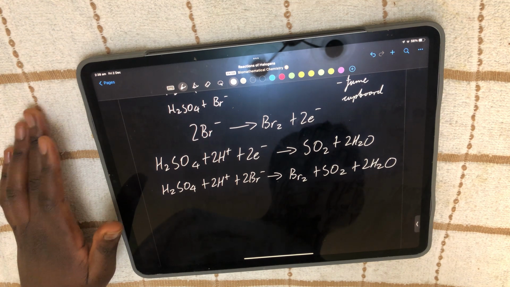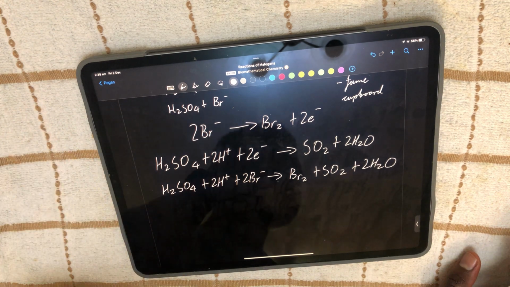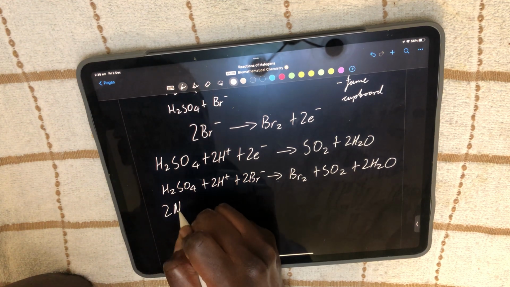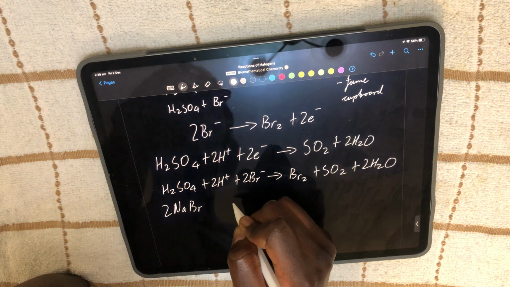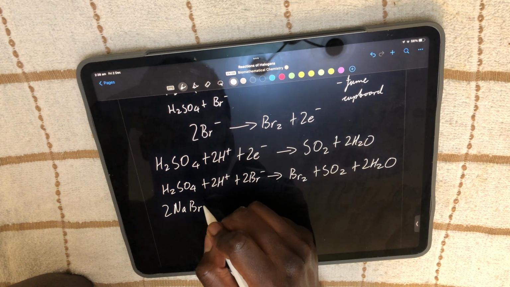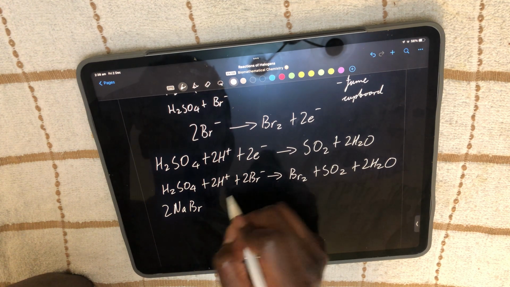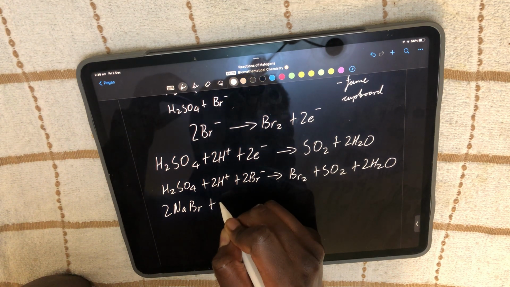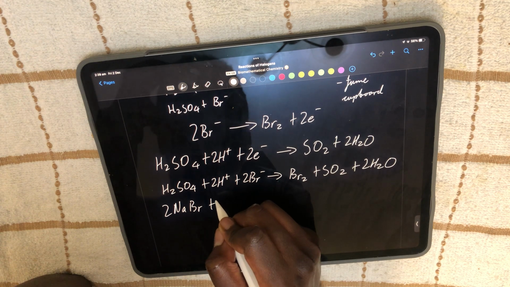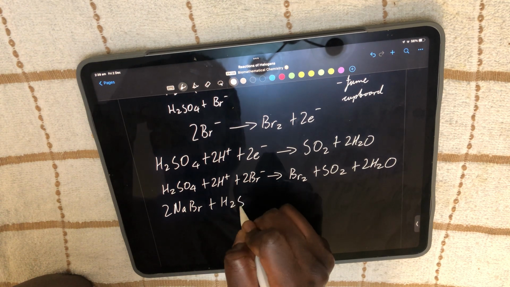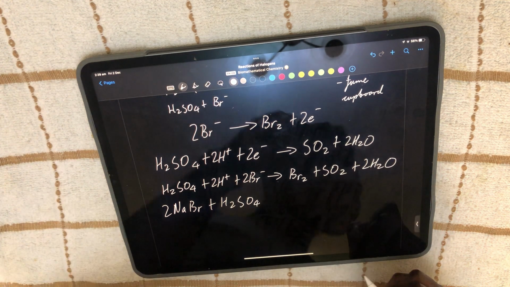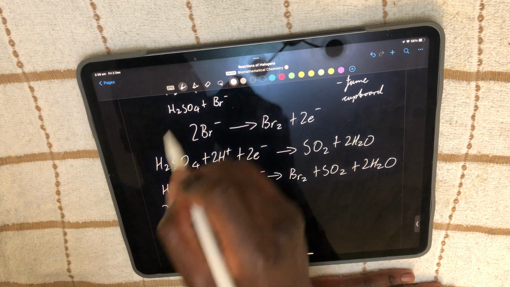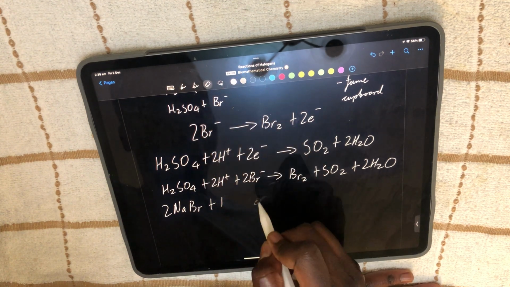And that's it. You can also write down the actual equation, which would be 2 sodium bromide plus H2SO4. Or really, if you have 2 H pluses here, it would technically be 2 H2SO4 actually.